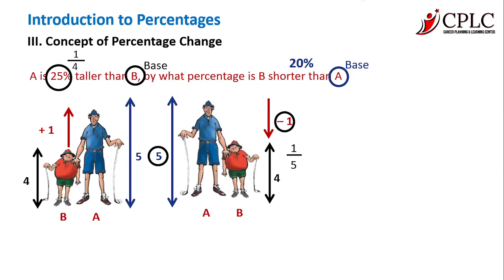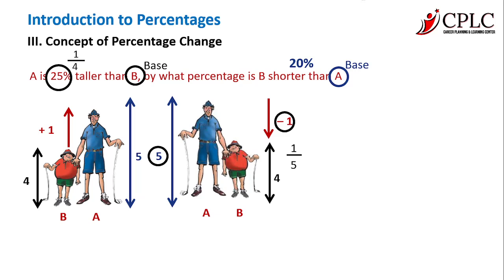One more logical way to understand this is that you can see that the reference has been changed. The earlier reference or the comparison was happening with B. So you have to find out the value with respect to B because it is compared with B. Here in the second half, they are saying B is smaller than A by how much?